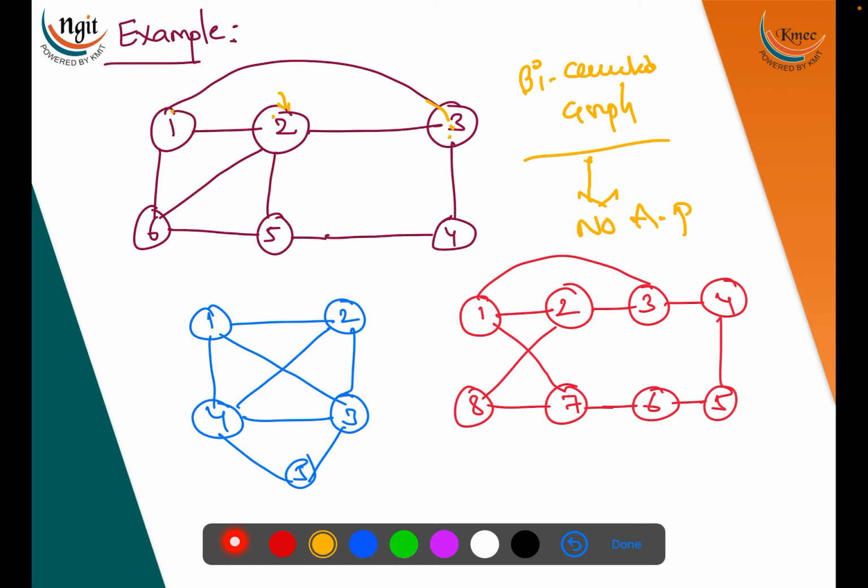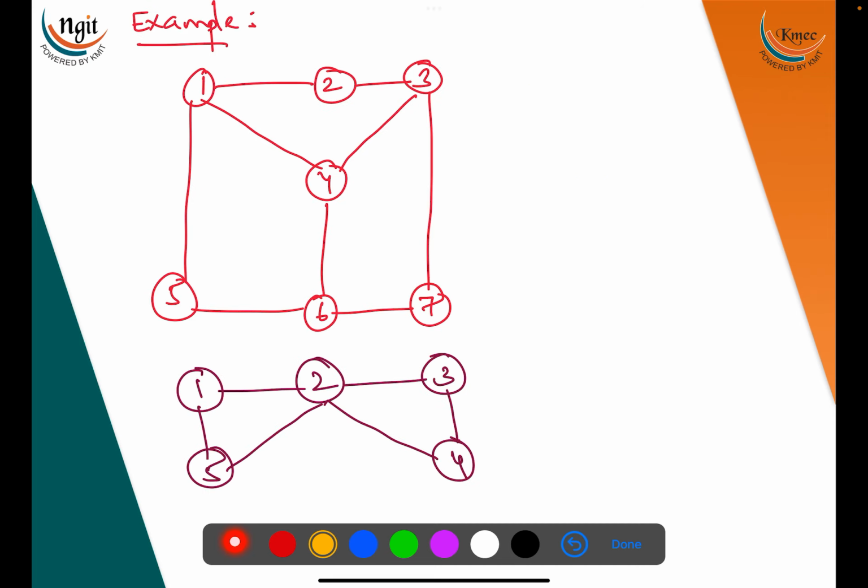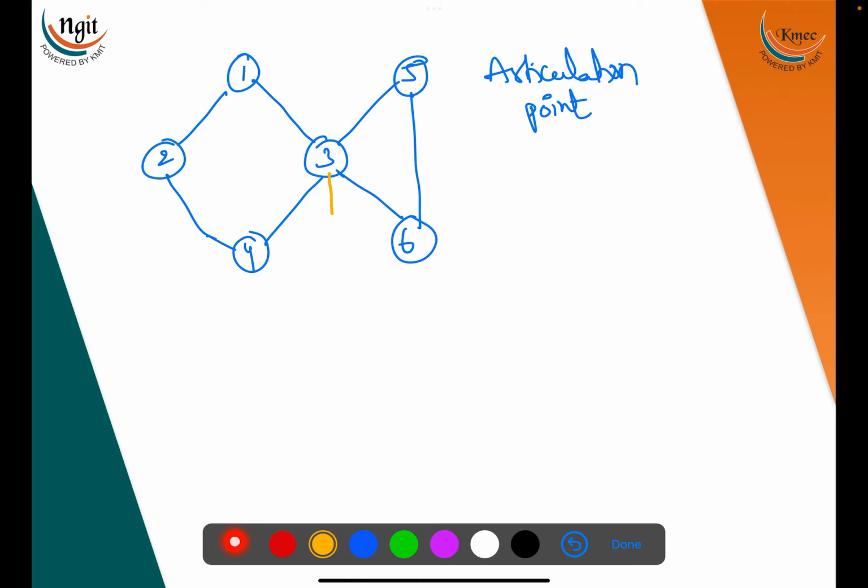So deleting any vertex in this graph will not affect the other vertices. So this is not an articulation point. If you see this one, no articulation point. Now, if you see this graph, this is an articulation point. If I delete this one, this will be a separate one, as you did not find any edge between this 5 or this 6 to any other node.